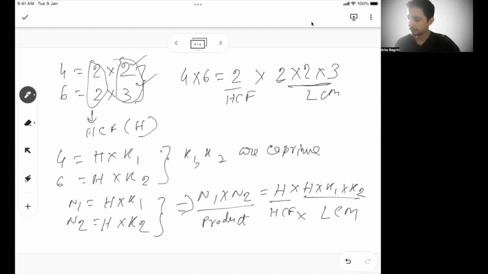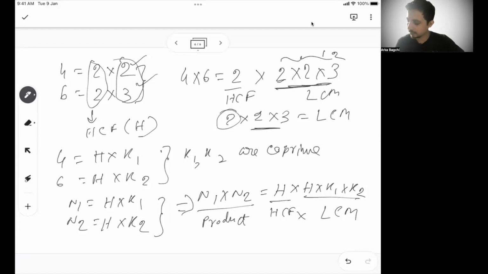So 2 into 2 into 3 is my LCM, which is 12, right? So for 4 and 6, I know HCF is 2, LCM is 12. 4 into 6 is 24, and 12 into 2 is 24.